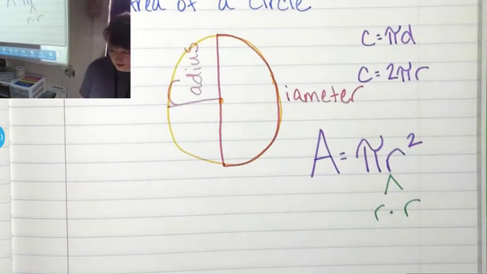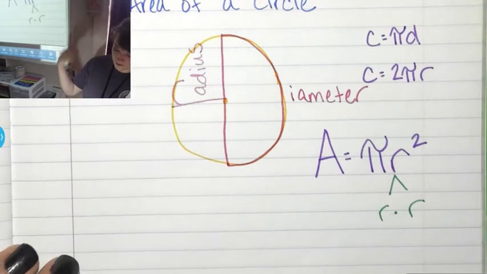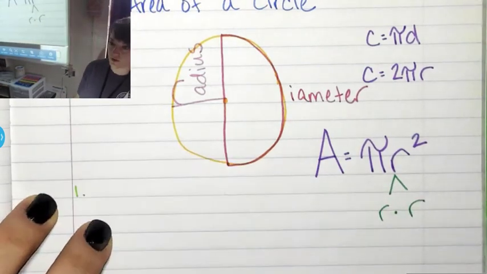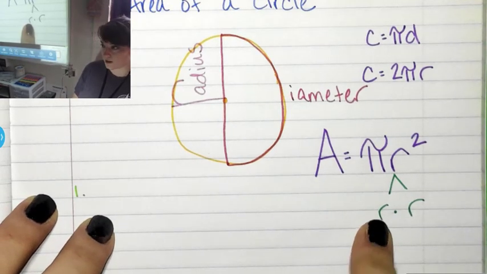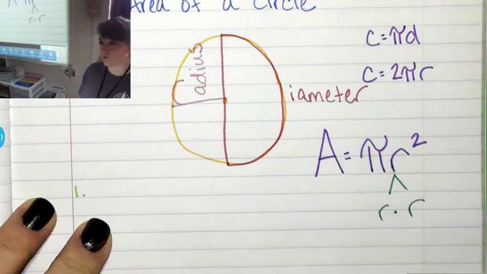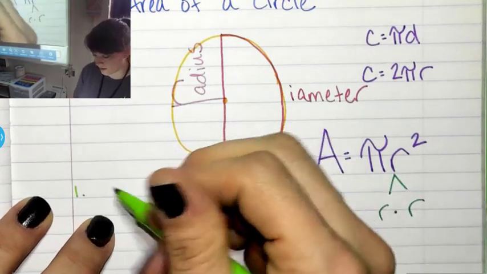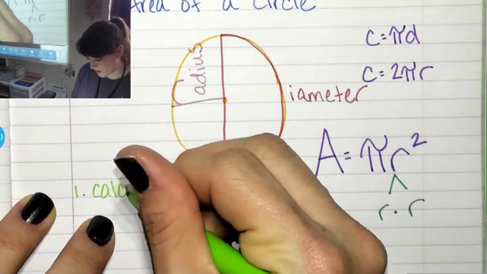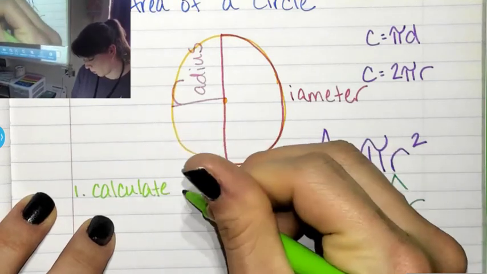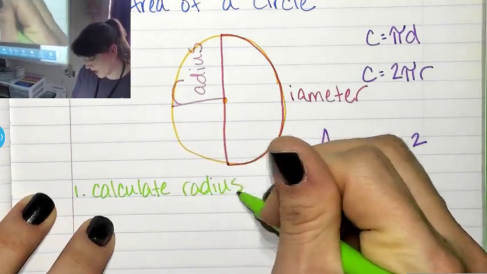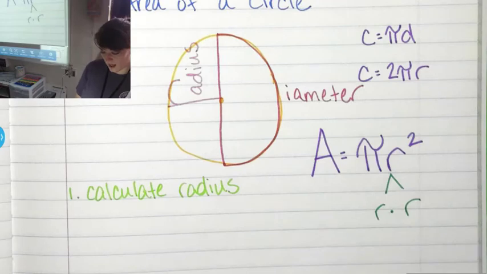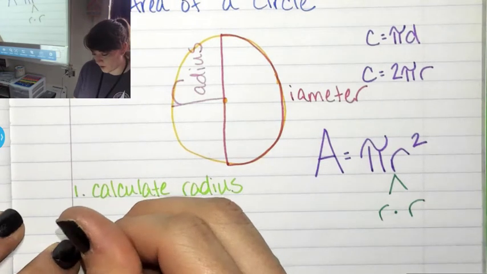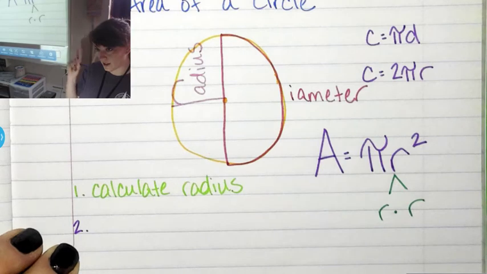All right. Steps, even though it's real basic. The first thing you have to do is figure out radius. If they give you diameter, you got to get to radius. If they give you circumference, you have to get to radius. So calculate radius. You cannot find the area of a circle without using radius. Step 2, once you know the radius, you do radius times radius.